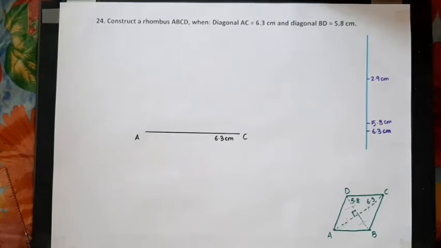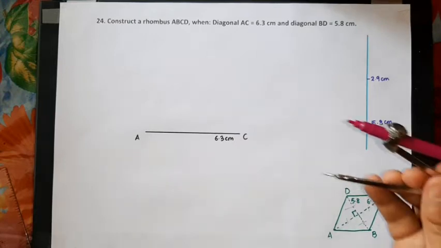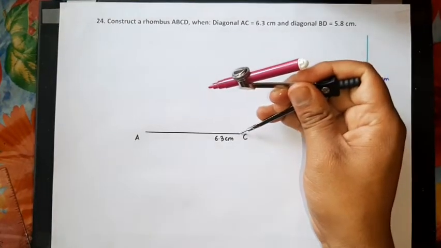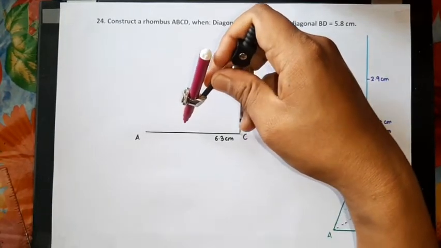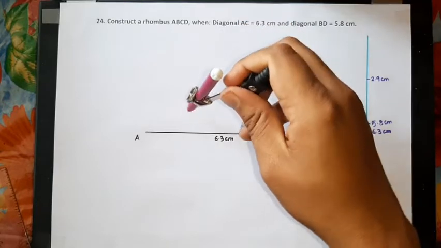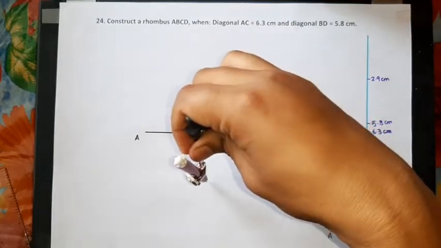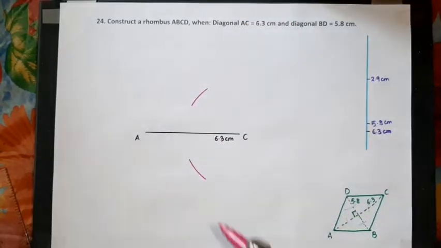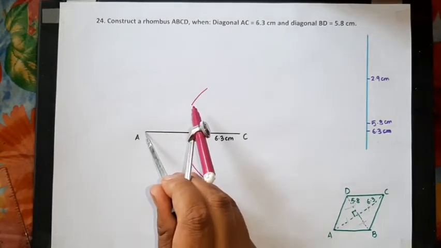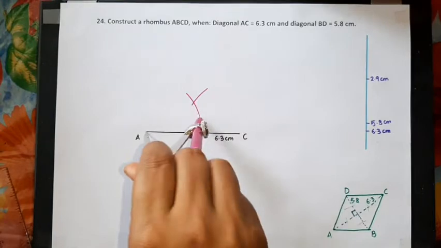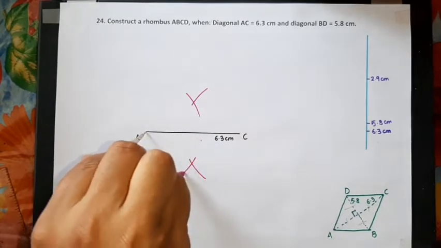Okay, now let me draw perpendicular bisector of AC, which we have learned in the very first video. To draw perpendicular bisector, what we do is we'll take our compass, and we'll take the radius slightly greater than its midpoint. Okay, so it will be somewhat like this, and let me draw two arcs up and down. Similarly, I have not changed the radius. Let me keep it in this position and let me draw two arcs.